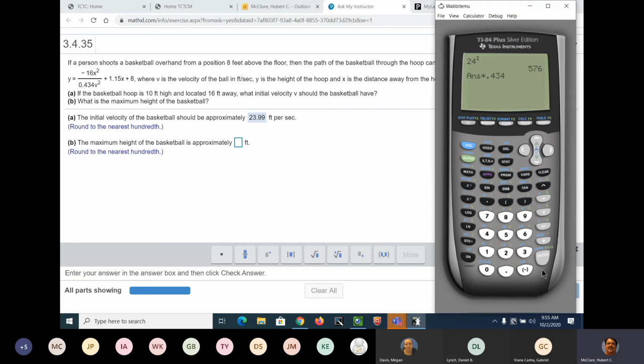0.434. Okay, now I'm coming up with totally different answers now. Okay, now take negative 16 divided by that answer. 0.0, yeah, I got the same answer.